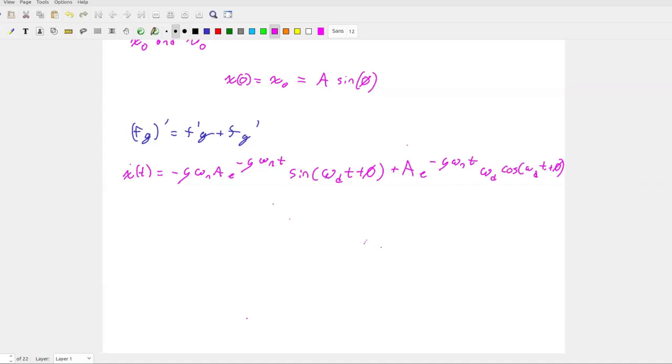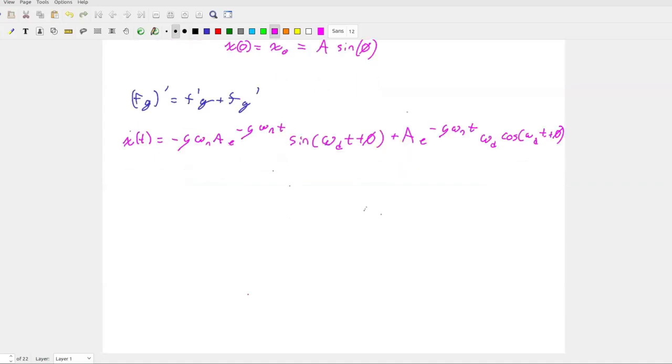There are a few things that we can pull out to simplify and just set things to 0. If I set x dot of 0, that's v naught, and I can just start canceling things out.